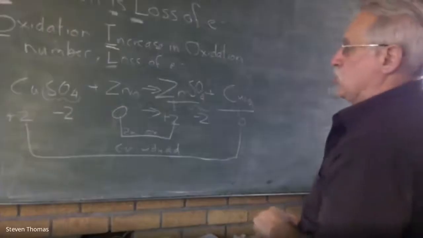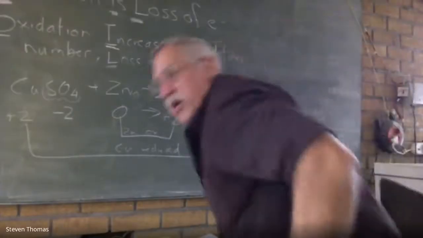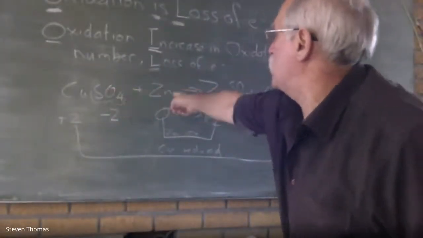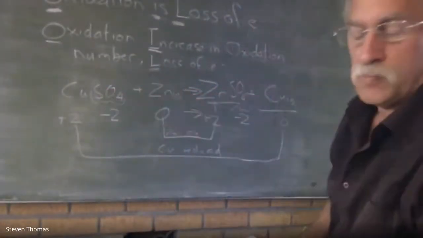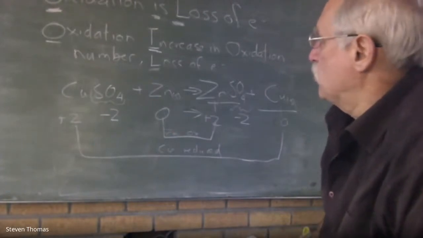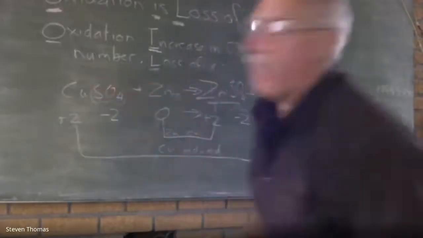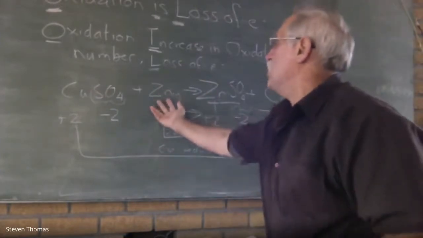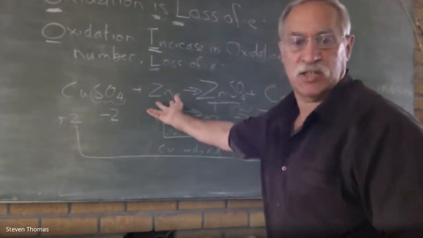Okay, now here's the question for you. Of the two, which is the sexier, zinc or copper? Look, here's SO4. She's dating copper. Along comes zinc. If zinc is less sexy, does anything happen?